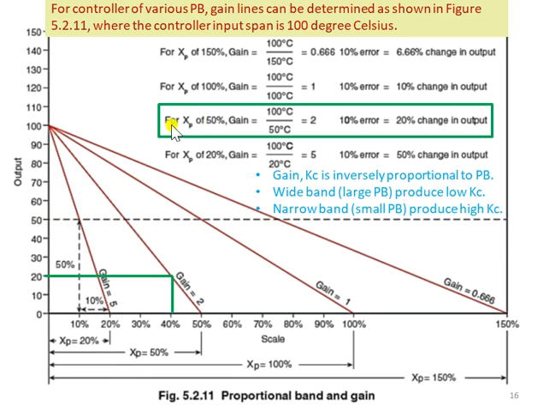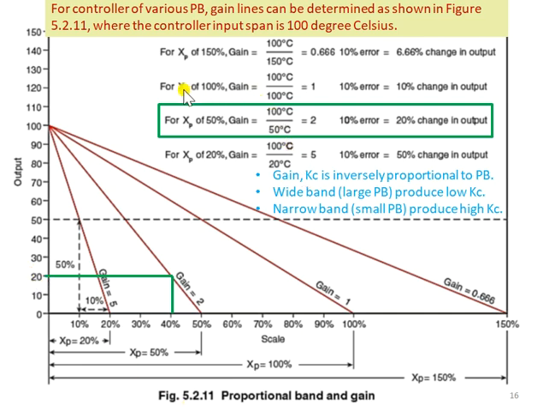In the second example, for a PB of 50%, the gain is 100 by 50, which is represented by this second line. So for 10% of error here, the output will be 20% change due to the 10% of error.